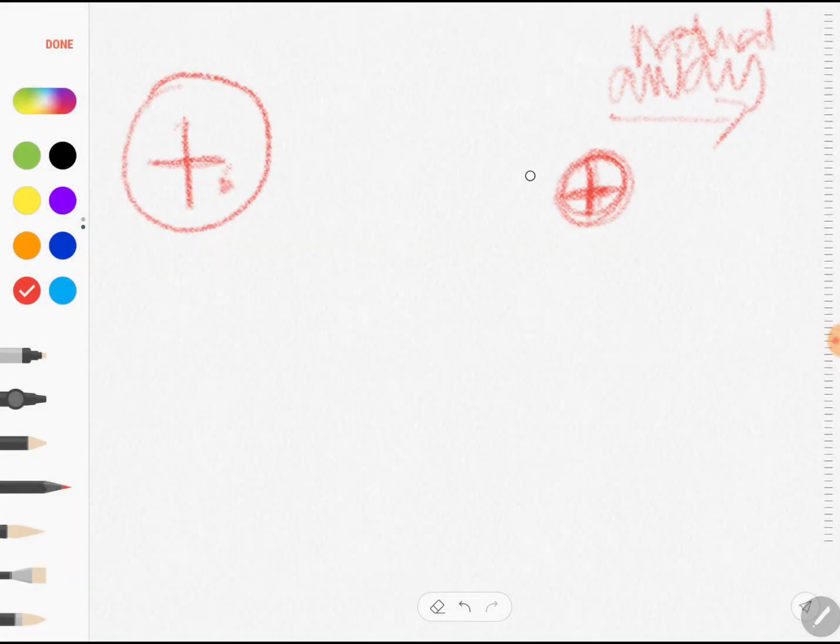Okay, for example, let's assign positions again. Position A, position B. If we are going to change the position of this positive charge from A to B, will it gain potential or lose potential?